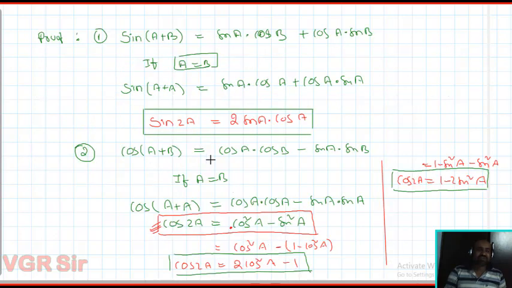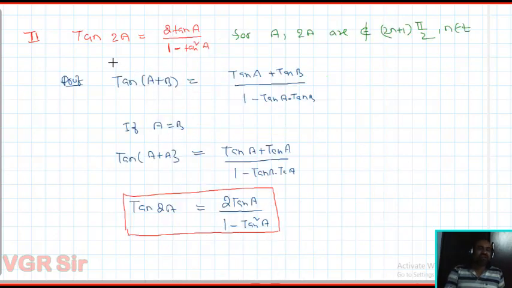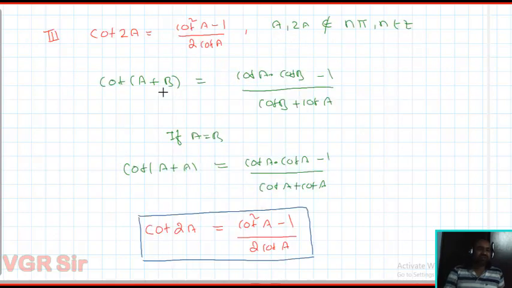By using sin of a plus b you got sin 2a, and by using cos of a plus b you got cos 2a. After that, by using tan of a plus b you got tan 2a, but the important thing is a and 2a are not in the form of (2n+1)π/2. Should take care of that. After that, cot 2a also: (cot square a minus 1) by 2 cot a, and the condition is a, 2a should not be in the form of nπ, where n belongs to Z.